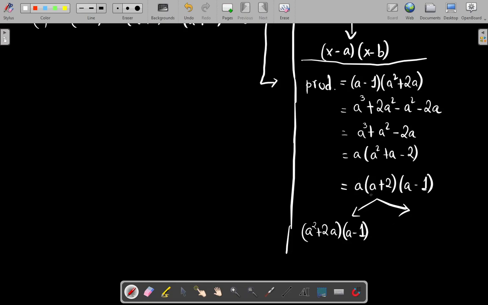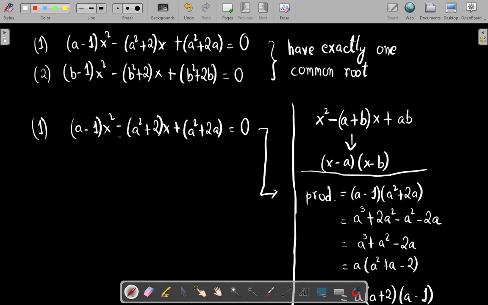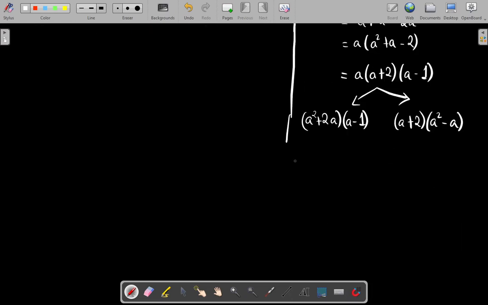The other is I plug this a into the other factor, a minus 1, then I will get (a plus 2) times (a² minus a). This is the product, the coefficient of x² times the constant term.